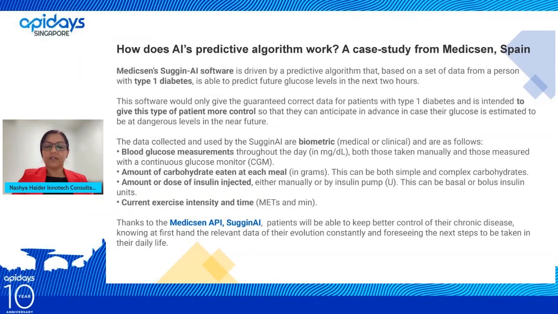As a result of this, the software was able to then automatically be programmed to give a gauge of predicting how a patient's glucose levels vary throughout the day according to what meals they were taking, or according to what drinks they were having, or according to what snacks they were having. So this is a very interesting software that's currently running pilot studies in Spain, and one can look into their website and find out more if you're interested.